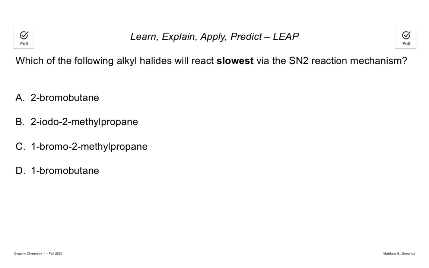The next question is just calibrating you to the end of that question. So in terms of assigning the class, if we look at choice B, that's the carbon bearing the leaving group, which is iodine.